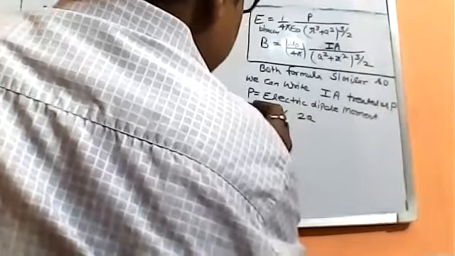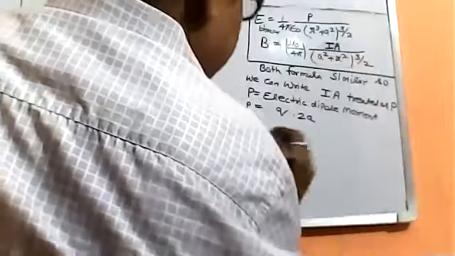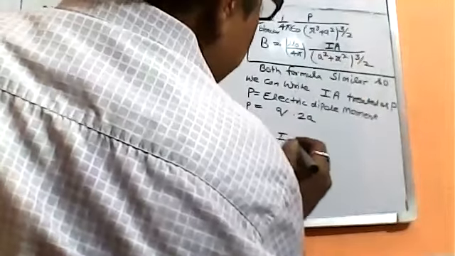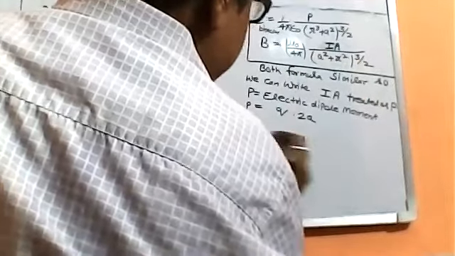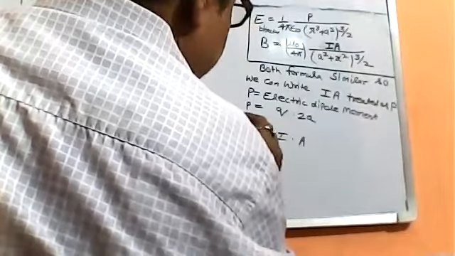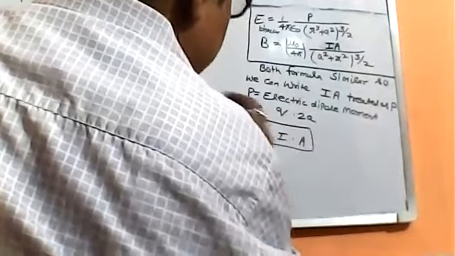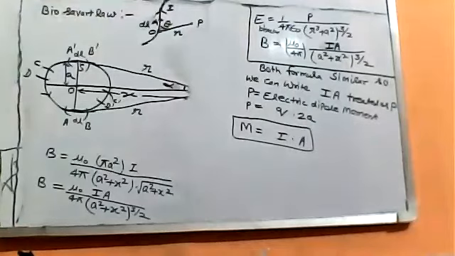But here IA is taken as the magnetic dipole moment. I is current, A is area, M is the magnetic dipole moment. M is similar to P. Clear?